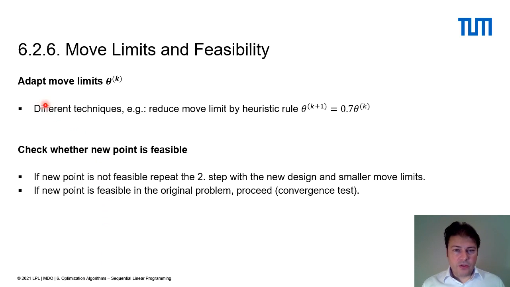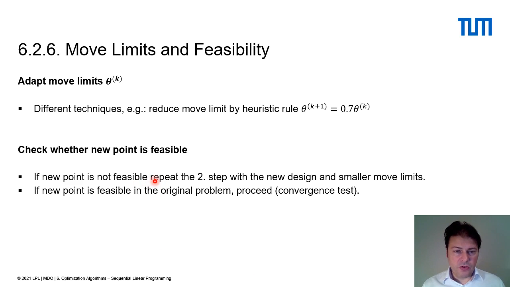If you did converge, then you're done. So you want to make your move limits increasingly smaller. And as a heuristic or a rule of thumb value, you can use 0.7 as the ratio of the next move limit and the current move limit. But that's also something that you would have to choose according to your problem that you're trying to solve. So this I already mentioned.